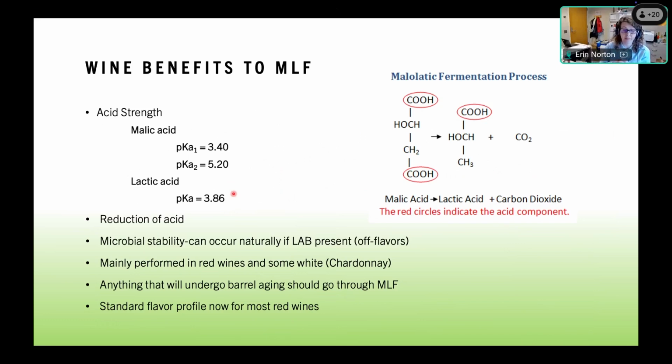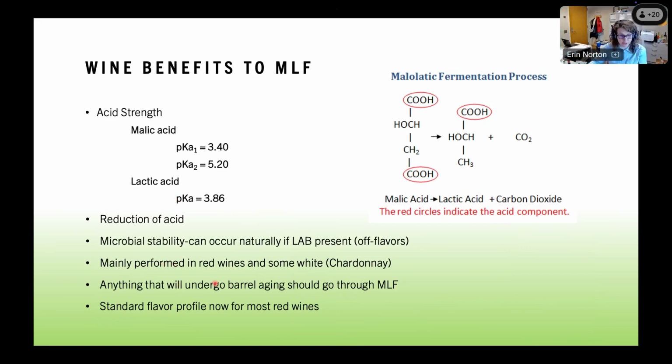And if you don't inoculate with malolactic bacteria, and you put your wine into a barrel, there's a very good chance that you will have a spontaneous malolactic fermentation happen. Okay, better to control it, in my opinion, better to control it yourself and put in some bacteria that you know are going to do the job properly.